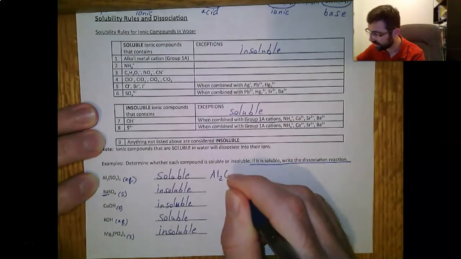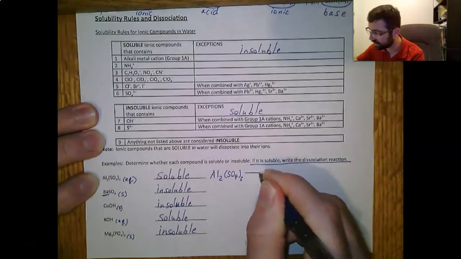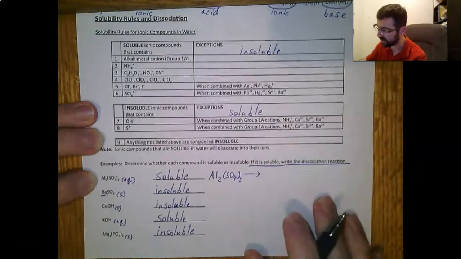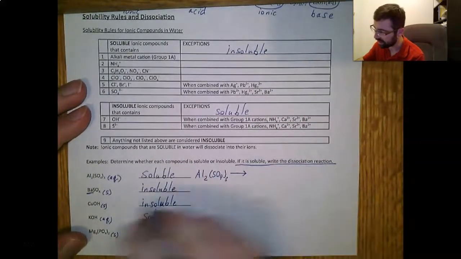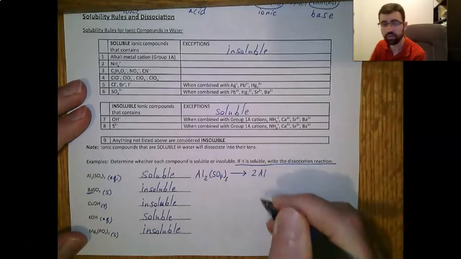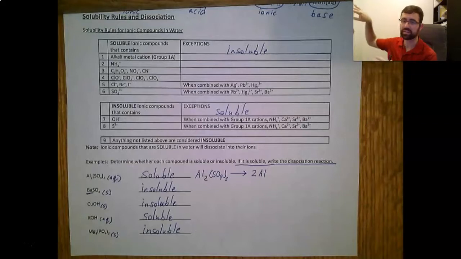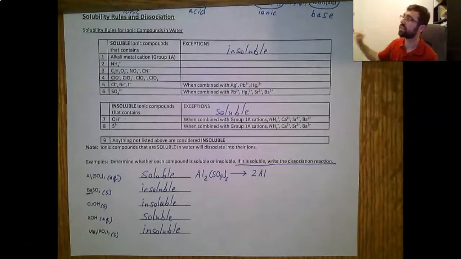Al2(SO4)3. When it dissolves, it's going to break apart into how many aluminum? Well, it's going to be 2 aluminum. And I need to know the charge of aluminum. If you look at your periodic table, it's got that nice little staircase going upward from silver to zinc to aluminum.